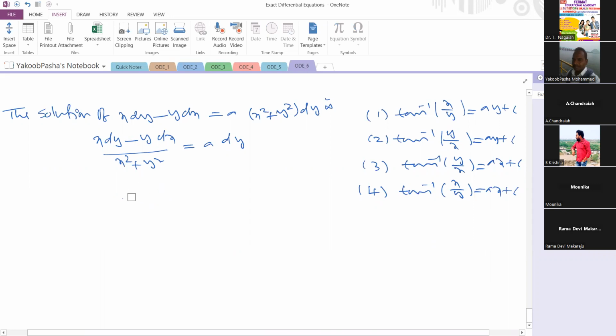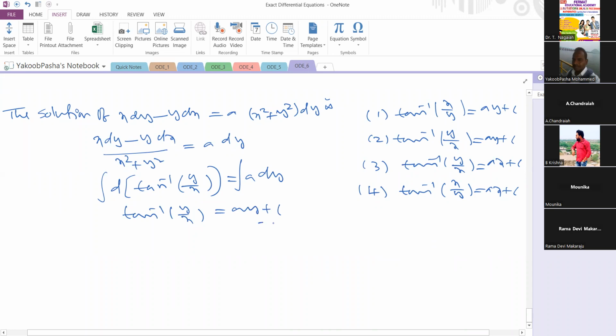This is d of tan inverse y by x, that is equal to a into dy. Now integrate on both sides. So this value is tan inverse y by x is equal to ay plus c. So the second option is the right option.